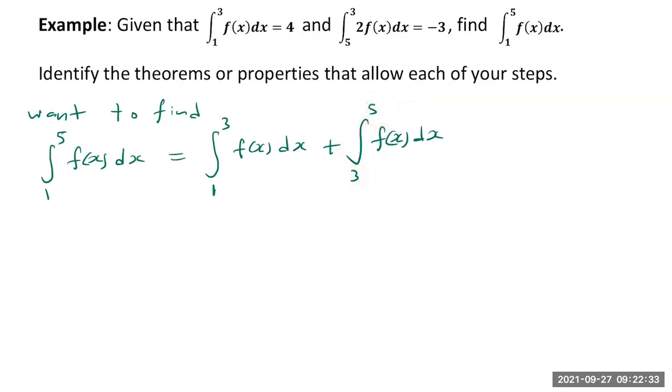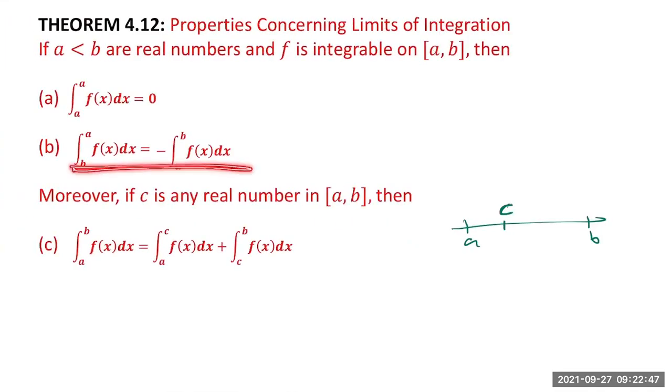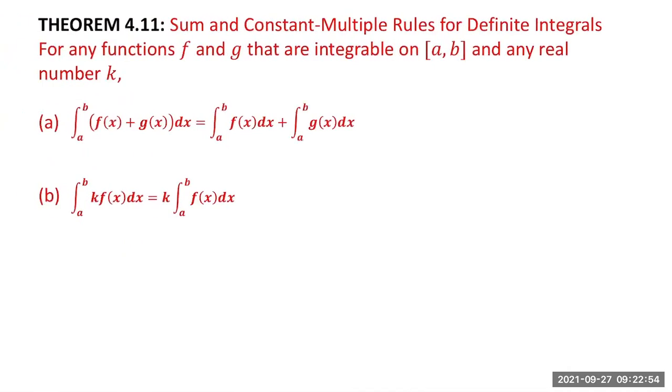Here we are given a definite integral from 5 to 3, but we have a 2 in front. We need to deal with that as well. But we can find this particular definite integral using this data and using this theorem, in particular using this part of the theorem.